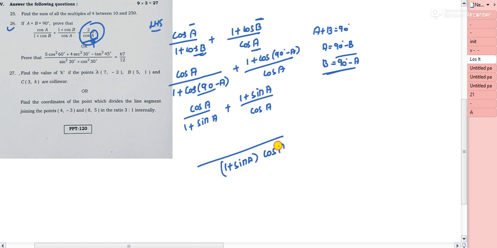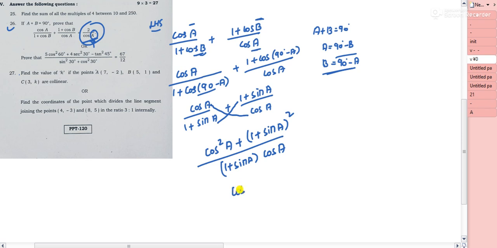This is the LCM. So this you have to multiply with this and this with this one, if you know how to do. So cos into cos is cos square A, and here what will we get? 1 plus sine A and 1 plus sine A, that is 1 plus sine A whole square. Got this? Now just expand. So what will we get here in the numerator?